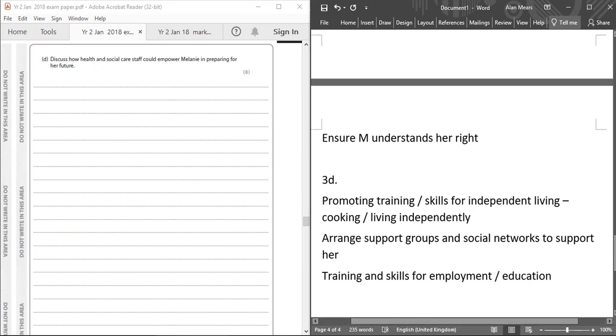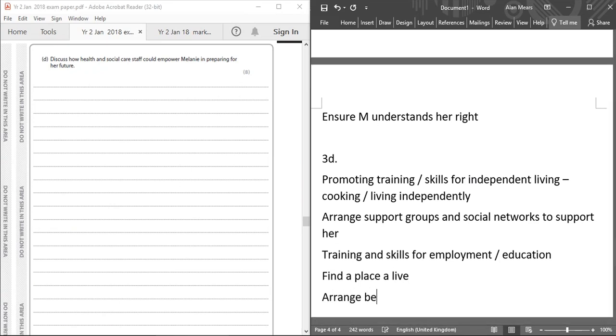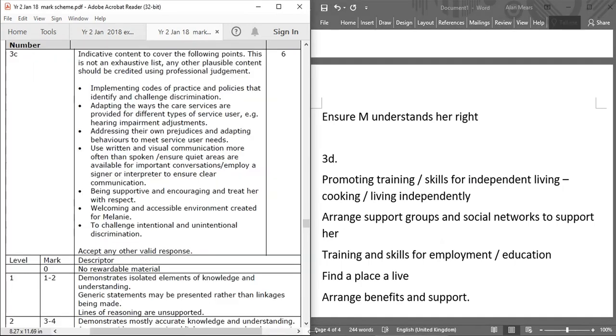This could even be helping her find a place to live. Arrange benefits. These will be things that you could do to help Melanie and to prepare her for the future.